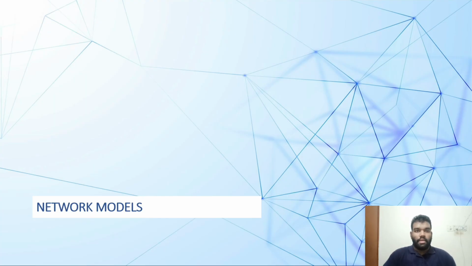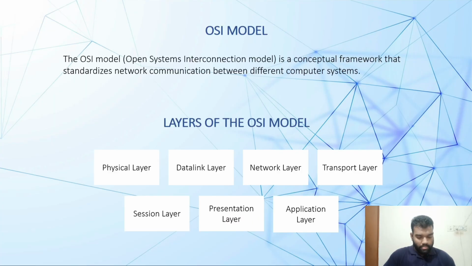Our next topic is network models. To standardize communication, we use network models. The OSI model has 7 layers.